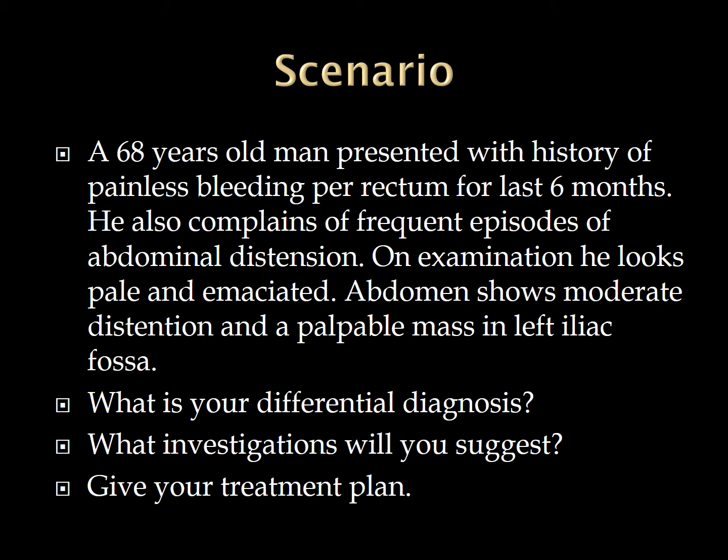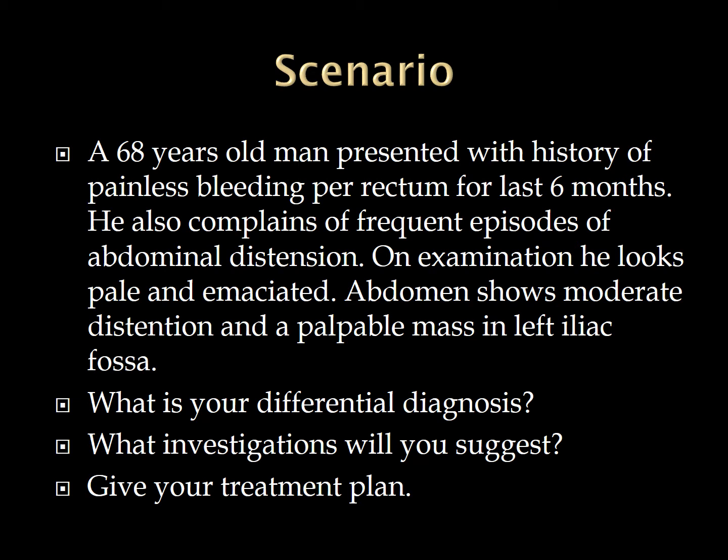So if you concentrate upon the scenario, what important things come into your mind? One is that he is 68 years old. This patient falls in the elderly age group, and he presents with the history of painless bleeding per rectum for the last 6 months, and there are frequent episodes of abdominal distension.